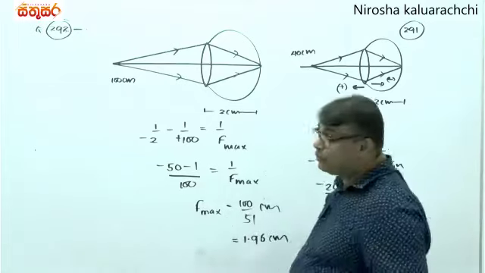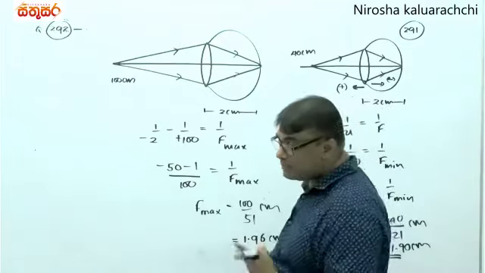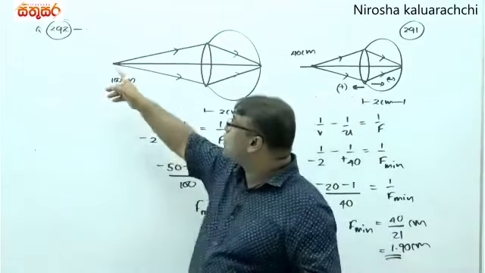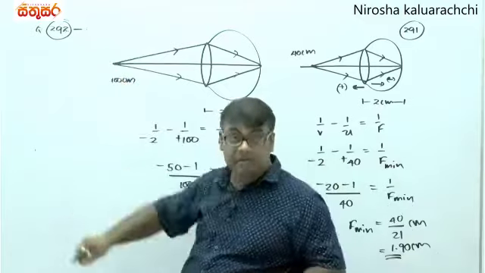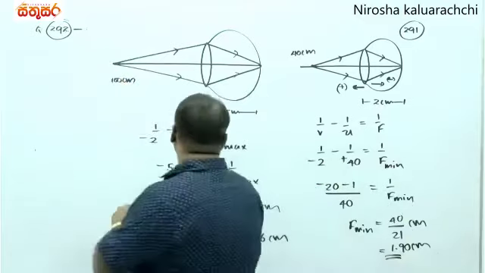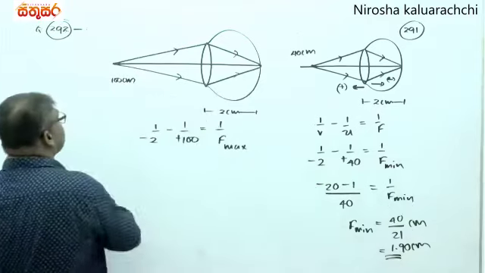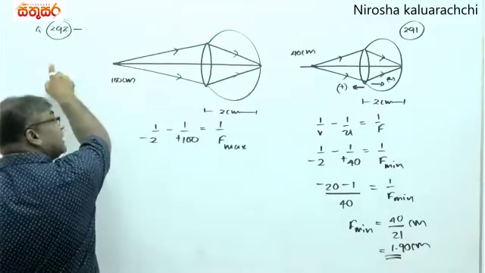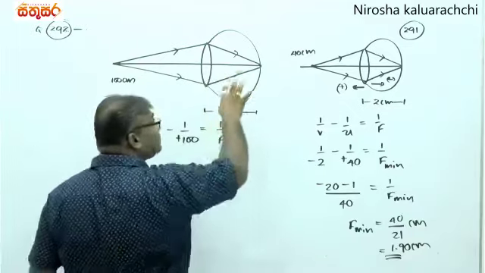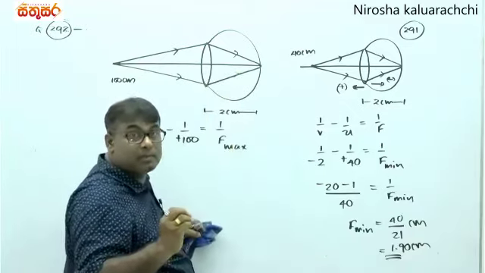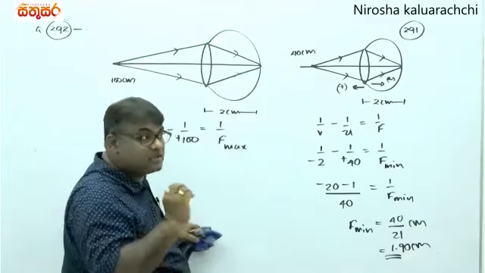Let's see when we consider maximum focal length, this point would be placed at infinity. That is the theory, right? This could be at infinity. This object must be kept at infinity to take the maximum focal length of the healthy eye, which means normal eye.